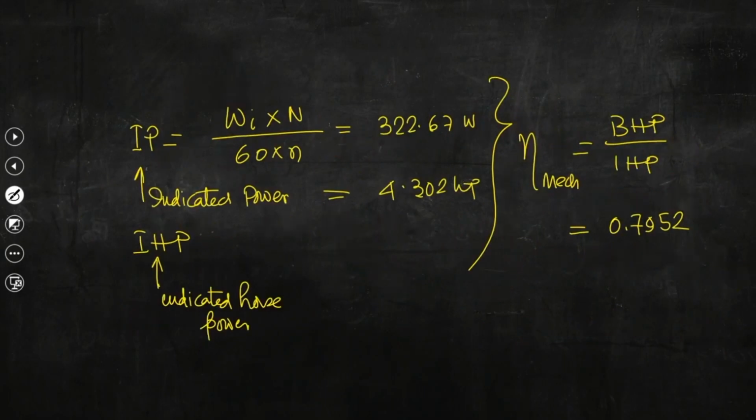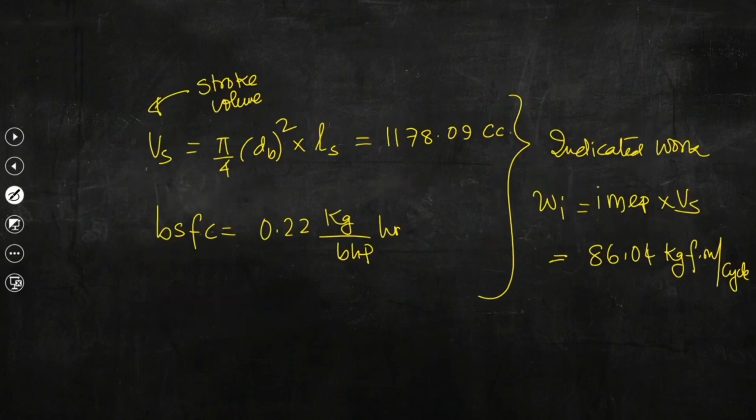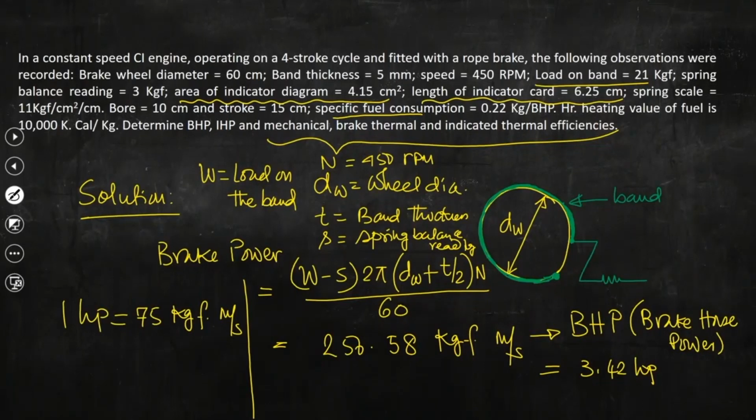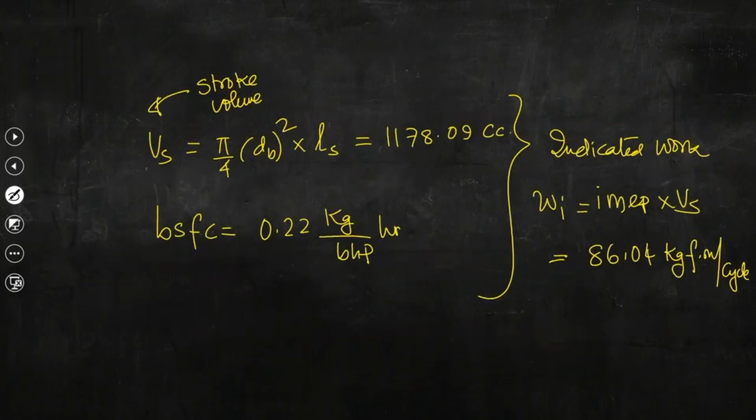Now, the next problem statement: we have calculated brake horsepower, indicated horsepower, and mechanical efficiency, so we need to calculate brake thermal and indicated thermal efficiencies. We already have the brake specific fuel consumption.